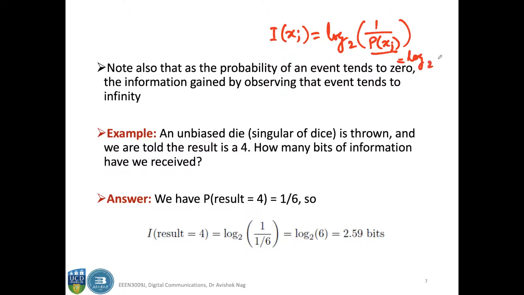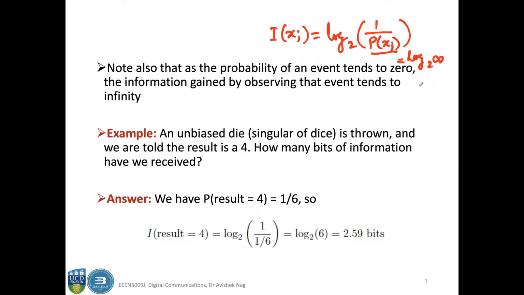So the information will also tend to infinity as the probability tends to 0. So this is again consistent with our starting discussion, where we were saying that the lower the probability, or the less probable the event is, the more information it conveys.